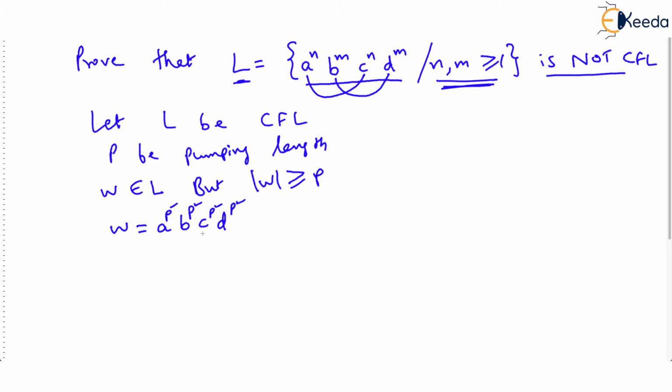But you will fully agree that this is also part of L. Why is this part of L? Because the number of b is equal to the number of d and the number of a is equal to the number of c. I hope you are understanding.